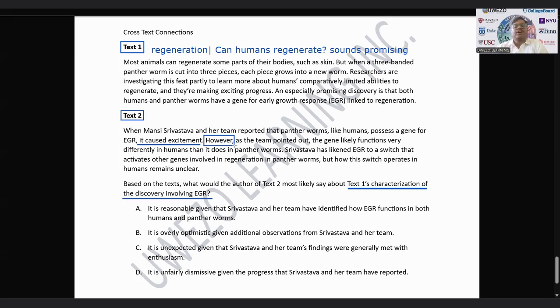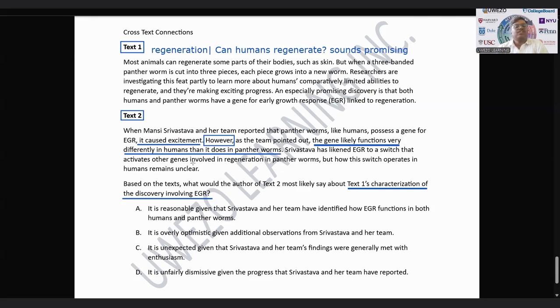As the team pointed out, the gene likely functions very differently in humans than it does in panther worms. This is a very important sentence. So the gene functions differently in humans than it does in panther worms. Next sentence, Srivastava has likened EGR to a switch that activates other genes involved in regeneration in panther worms.